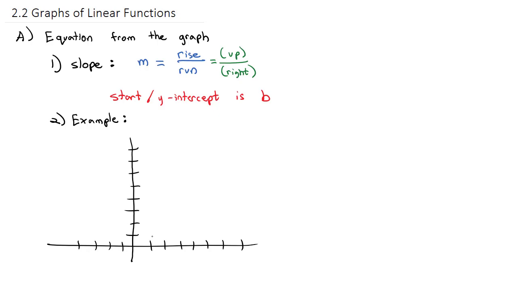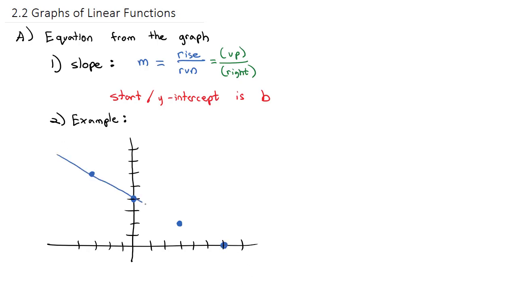And we're going to put a point at -3, 6. -3, 6 is a point. Then I'm going to put a point at 0, 4. Then I'll put a point at 3, 2. And the next point's going to be at 6, 0.